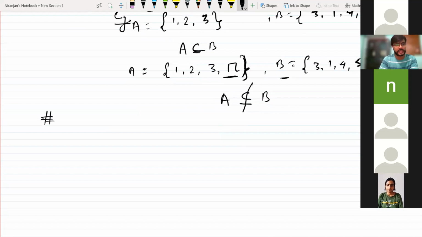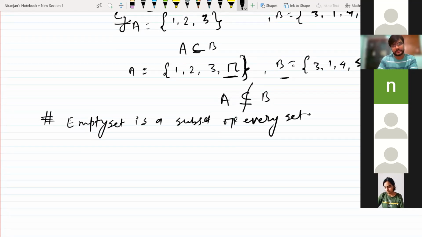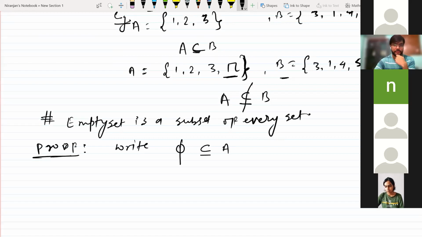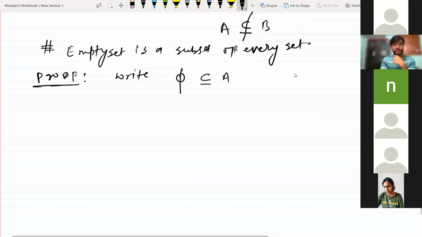Let's move on. Note: the empty set is a subset of every set. Let's prove that. Let's get into the proof. Write phi is a subset of A. Right, that's what you have to prove.